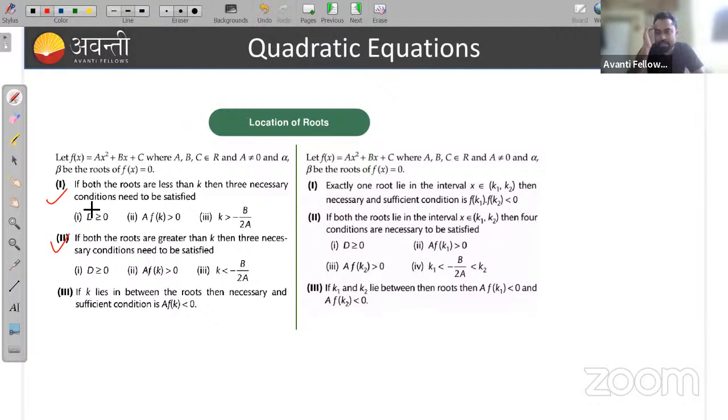So please remember, I request all of you, focus on these topics. You must solve one question of quadratic equations in JEE Mains. Sometimes 2 questions also come. Remember, okay? And the main concept on which questions are asked is the relations between the roots and the coefficients.